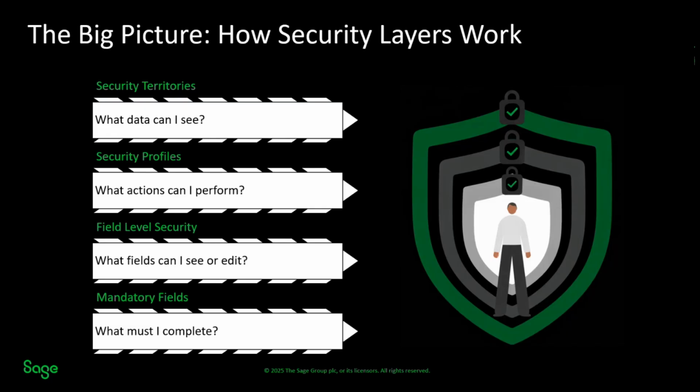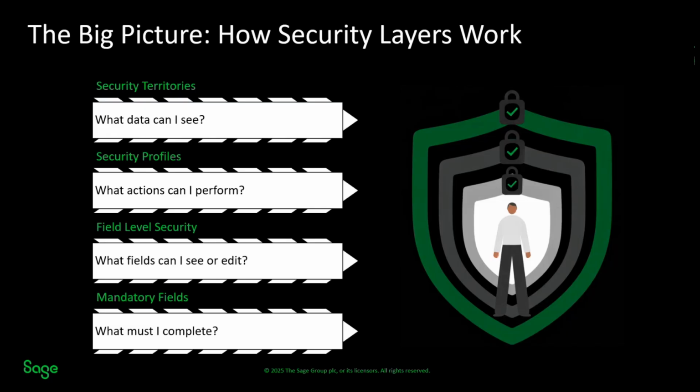And very similarly to the concept of mandatory fields, we can set the granularity of the rule so that a field becomes required at the level of the field definition, so you don't then have to make sure it is mandatory at the level of the screen or where it's used.